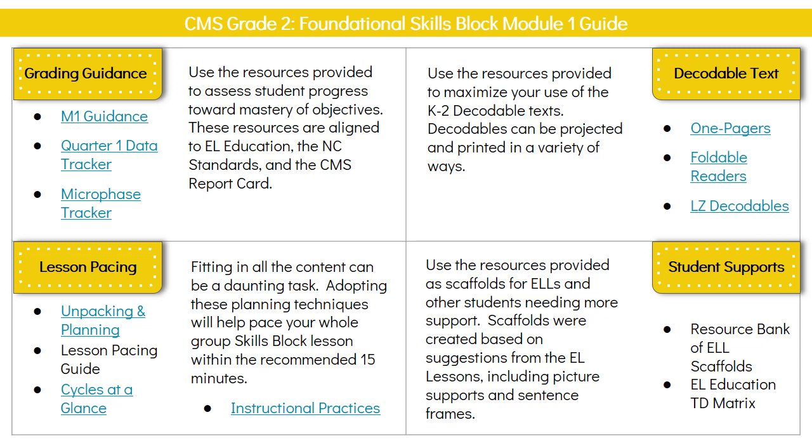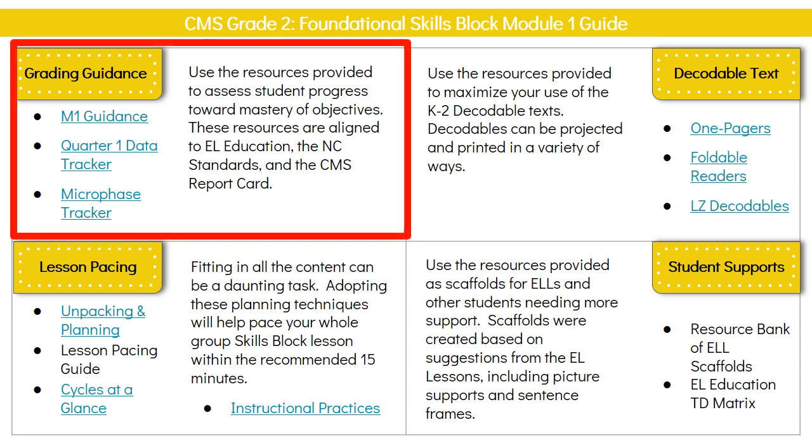Now, let's take a look at the Module 1 guide for Foundational Skills Block. The Skills Block guide follows the same 4 goals from the module block: grading guidance, pacing support, text suggestions, and supports for all learners.